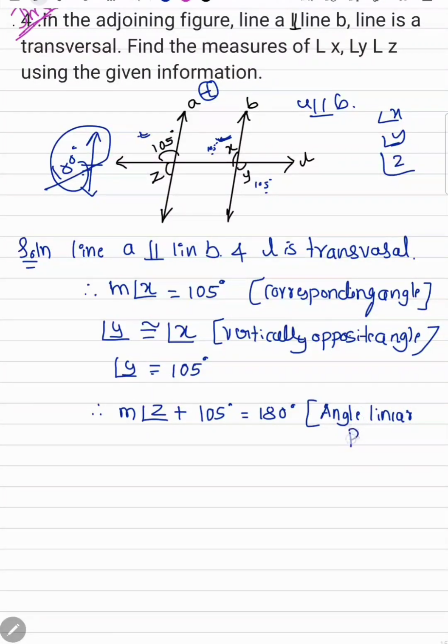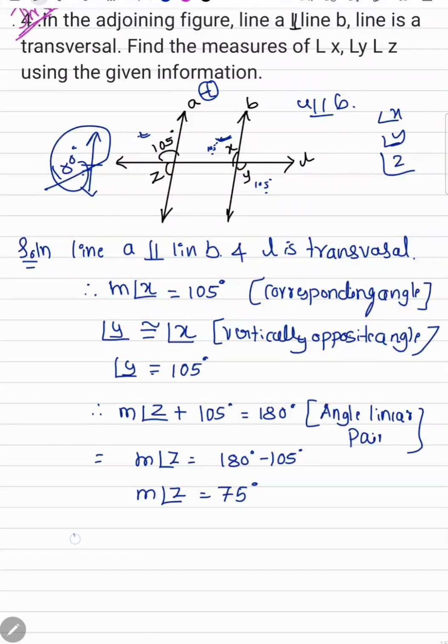Here we write linear pair. Then measure of angle Z equals 180 degrees minus 105 degrees. It is subtraction. How much is it? 75 degrees.